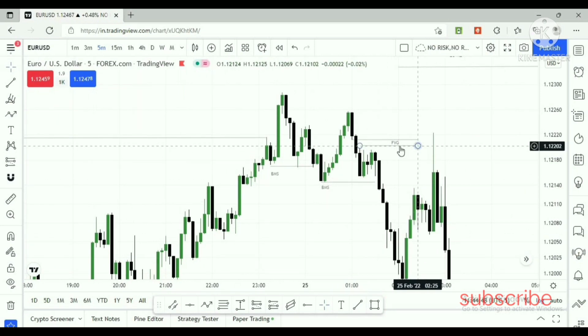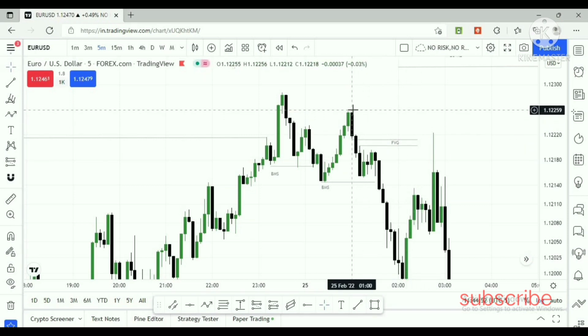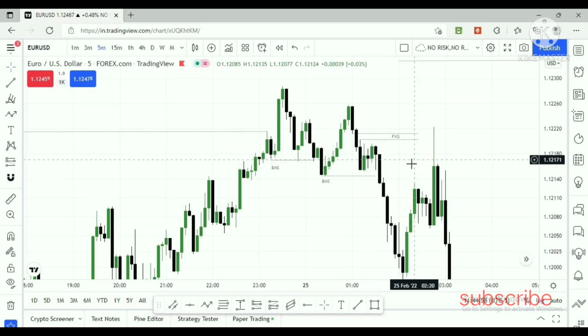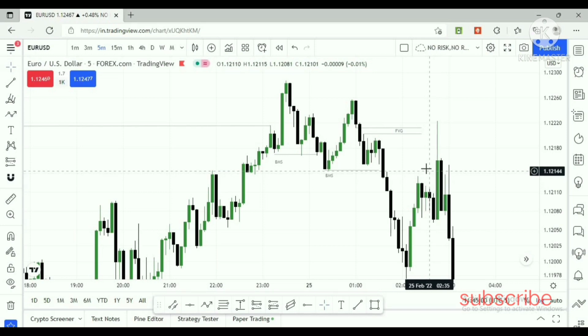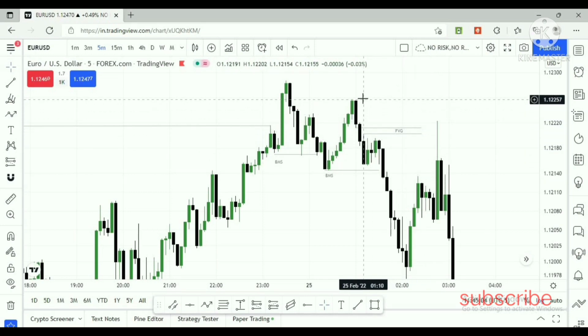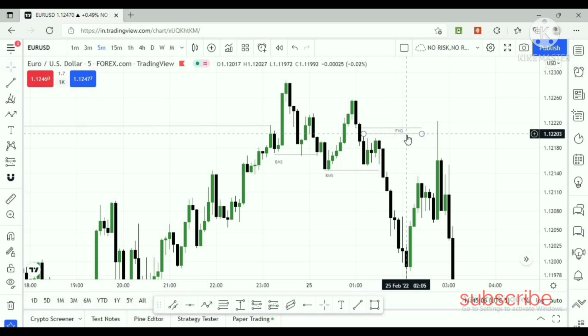This is our entry level, and our stop loss should be at this level. As a Model 12 rule, our TP should be 20 pips. So our target level is only 20 pips.